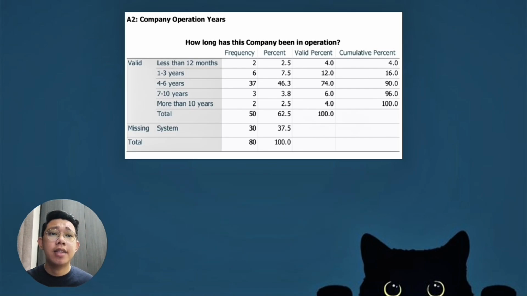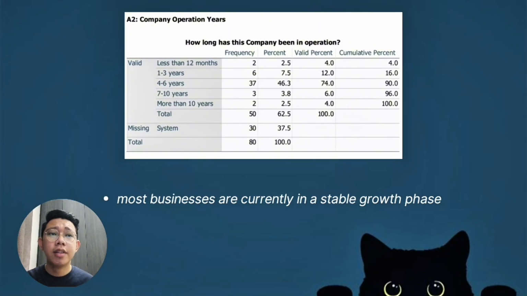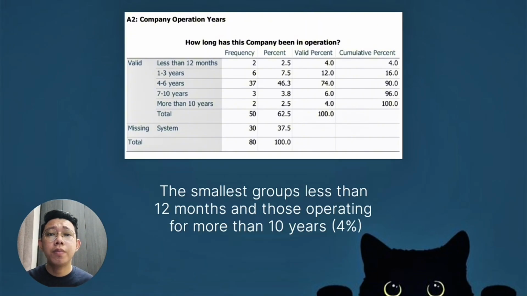This indicates that most businesses are currently in a stable growth phase. The smaller groups were companies operating for less than 12 months and those operating for more than 10 years, each represented by only two companies, which is 4%.